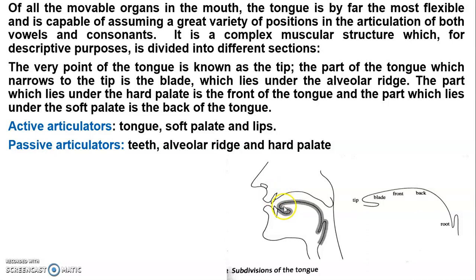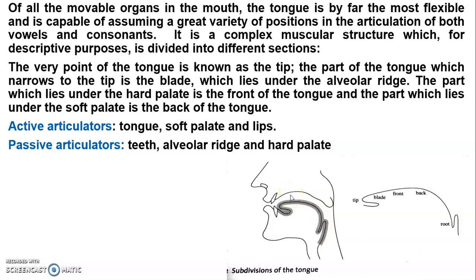The tip of the tongue, the blade of the tongue, the blade lies across the alveolar ridge. The front of the tongue, which lies under the hard palate, and then the back of the tongue, which lies across the soft palate or velum. And then, of course, we have the root of the tongue.